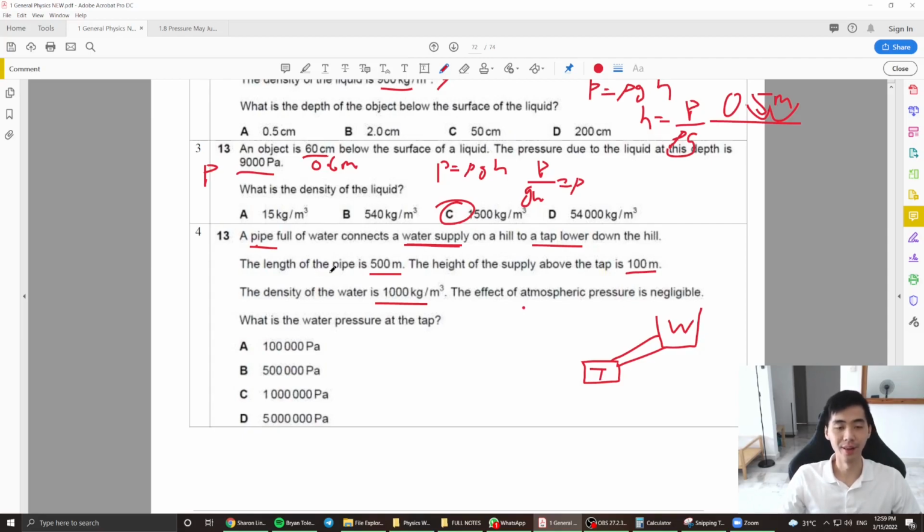They say that the length of the pipe is 500 meters, which is actually irrelevant. The height of the supply above the tap is 100 meters. So then after that, they give us the density and they're asking about the pressure at the tap.